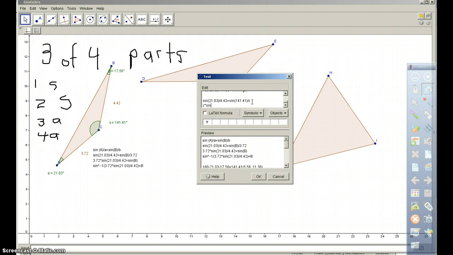So c times sine 21.03 divided by 4.42 is equal to the sine of 141.41. Now how do we solve? We are going to multiply by the reciprocal, leaving c by itself, which is equal to the sine of 141.41 times 4.42 over the sine of 21.03.